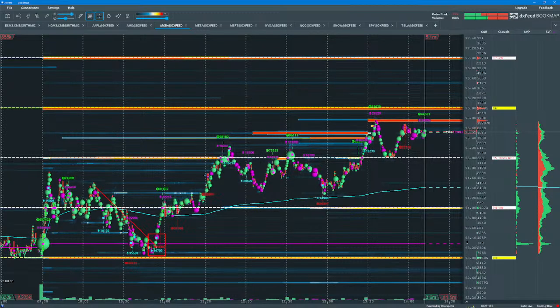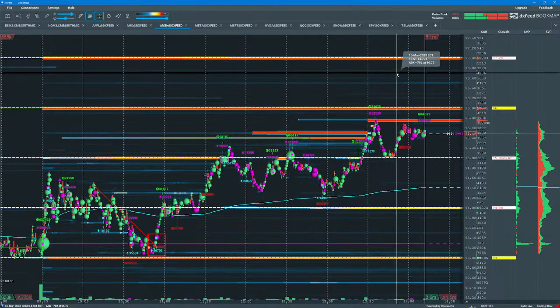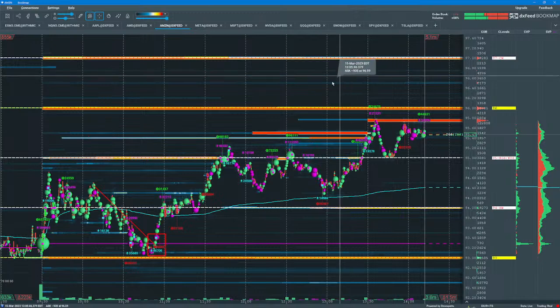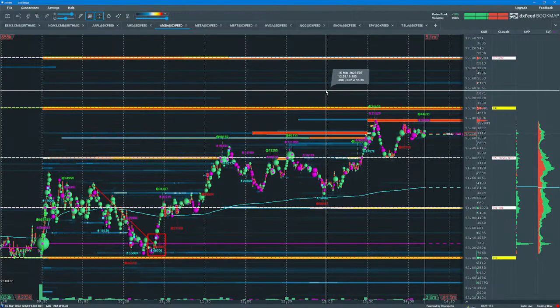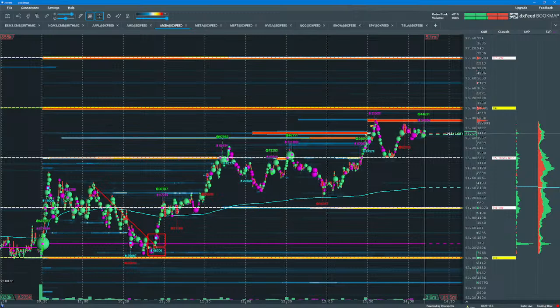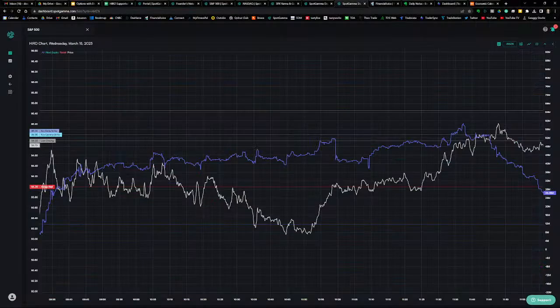So a nice long setup here in Amazon, and clear targets above, again at 95, 96, and 97. All right, the next was Meta.